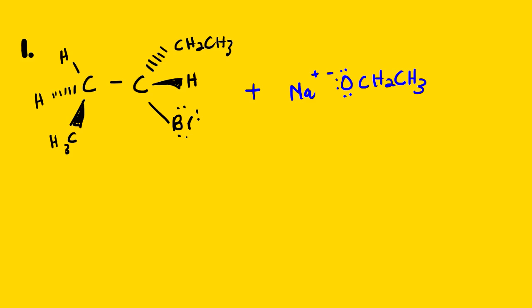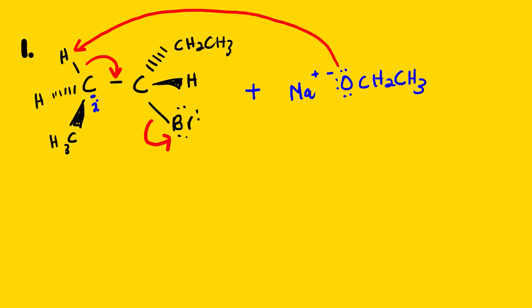So what happens is that, remember, it is E2, the leaving group will leave, the strong base will deprotonate at the same time. The reason why I chose this carbon is that you can see it is a secondary carbon, bonded to two other carbons, and also this one is a secondary carbon, so it doesn't really matter.